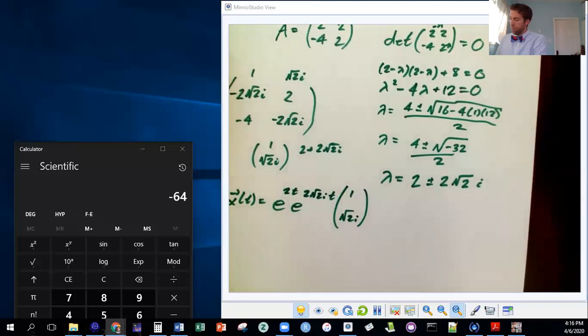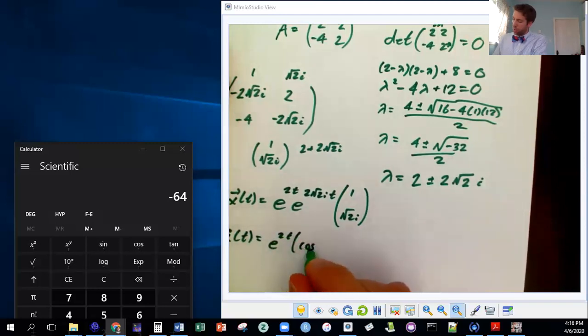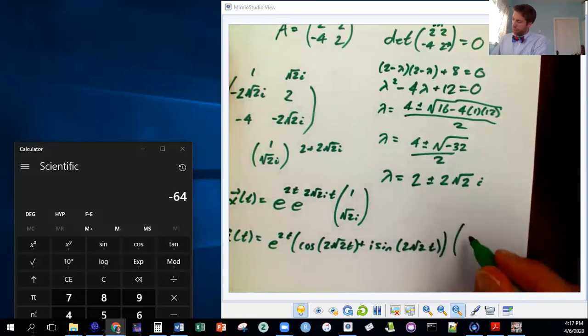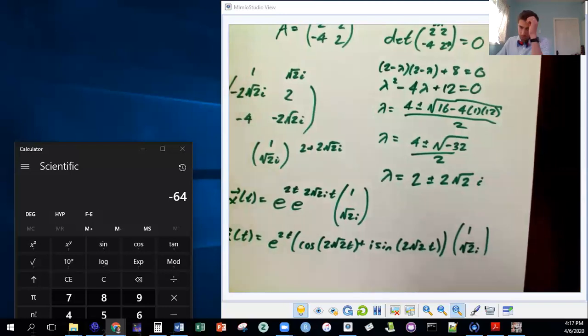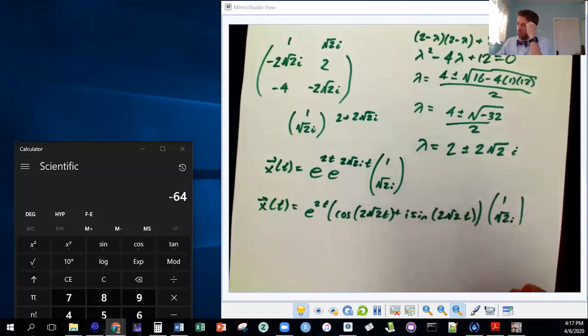Now we use Euler's formula. So that's equal to e to the 2t times cosine of 2 square root of 2 t plus i sine of 2 square root of 2 t, all times the vector 1, square root of 2i. Okay, so now we want to break it up into its conjugate, where you have the negative i there, the negative i there is the other solution.